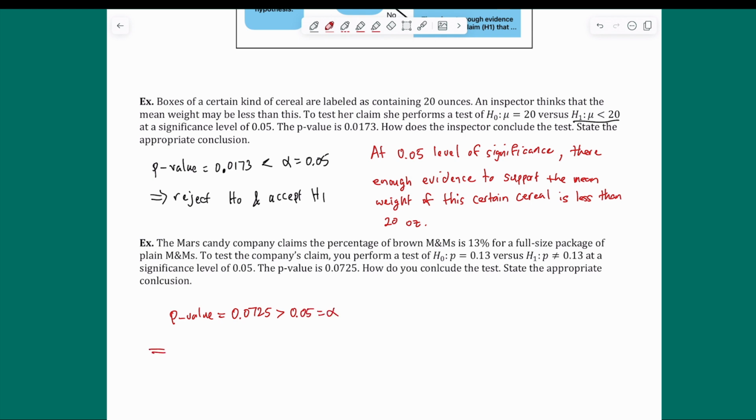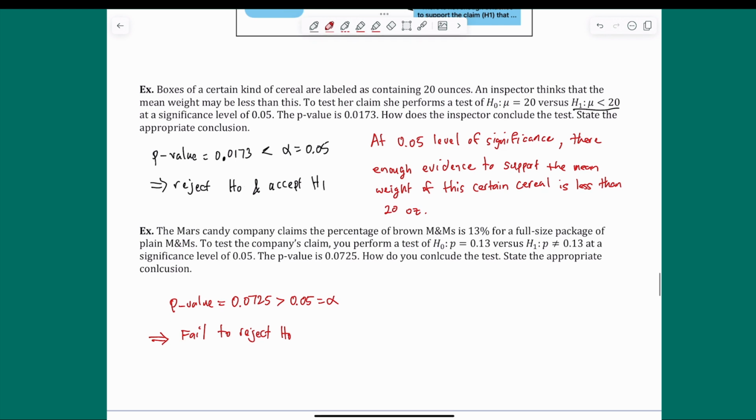So what does that imply? Well, that implies we are going to fail to reject the null hypothesis. All right, so what can we state? We might state something like the following here.